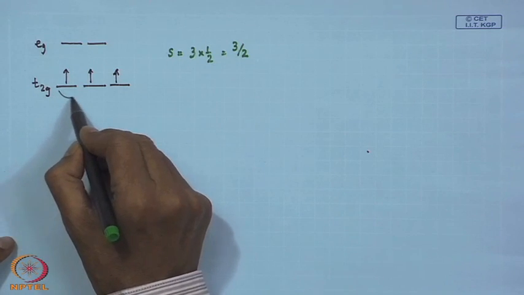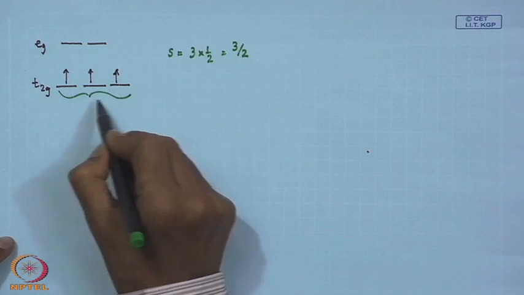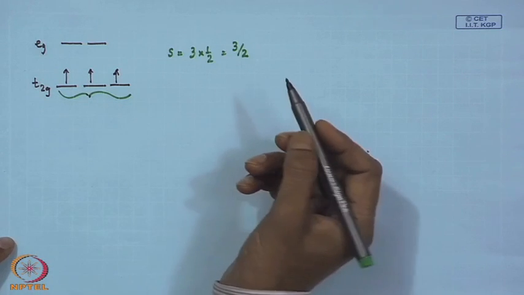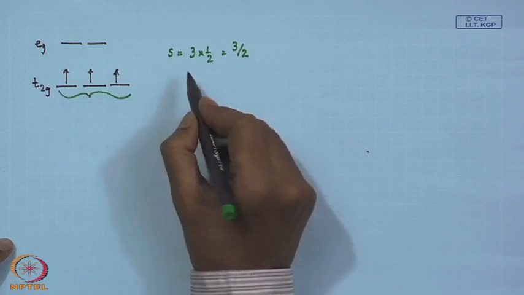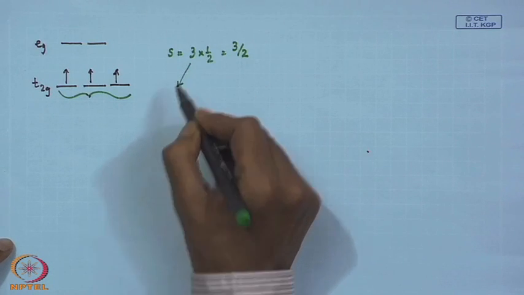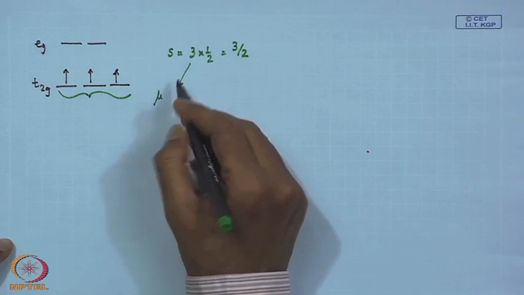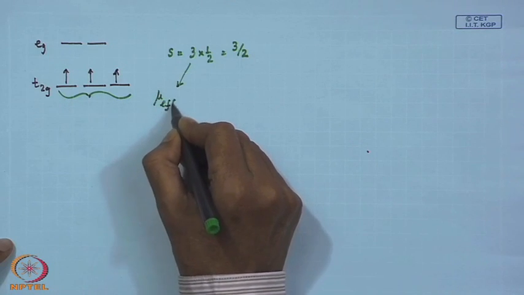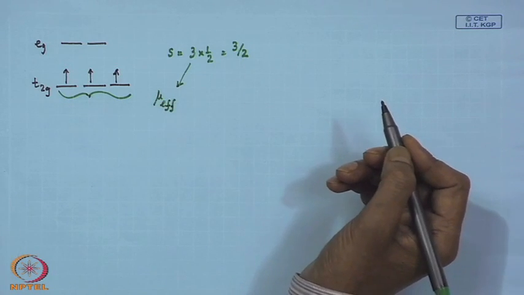Considering these 3 unpaired electrons, whenever we measure the magnetic moment, we should get the mu effective value for 3 unpaired electrons.